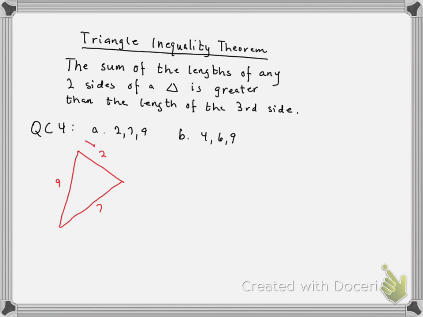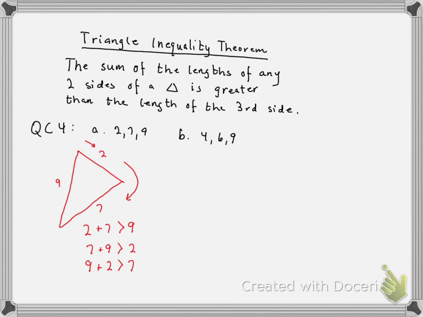So I'm going to pick my anchor point right there and start with the side measure of 2 and go this way around the triangle. So what that theorem says is 2 plus 7 has to be greater than 9. Then 7 plus 9 has to be greater than 2. And then 9 plus 2 has to be greater than 7.